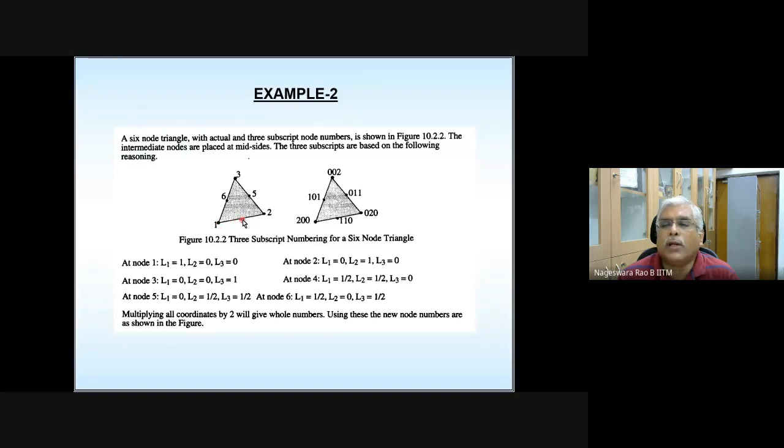Node 4 is half, half, 0. Node 2 is 0, 1, 0. Node 5 is 0, half, half. Node 3 is 0, 0, 1. And node 6 is half, 0, half. Okay? Is it clear?